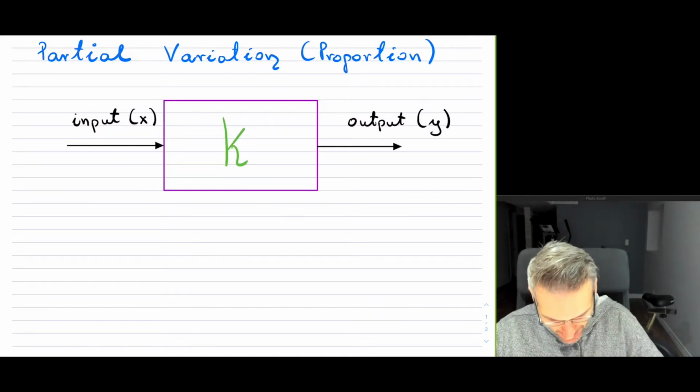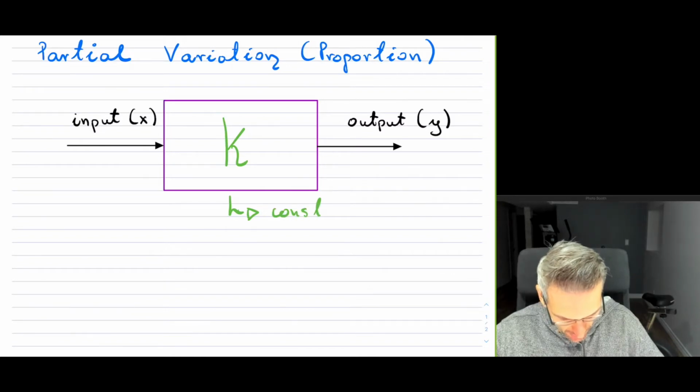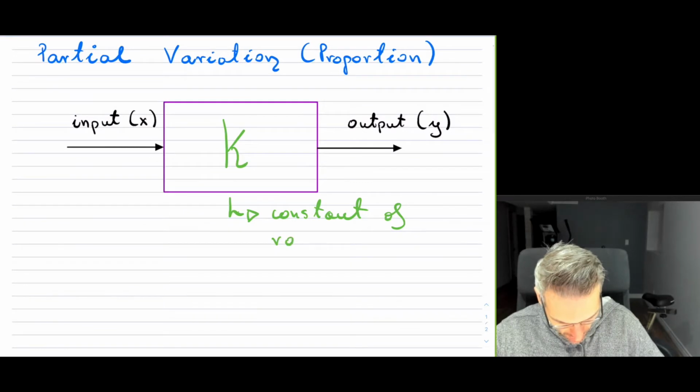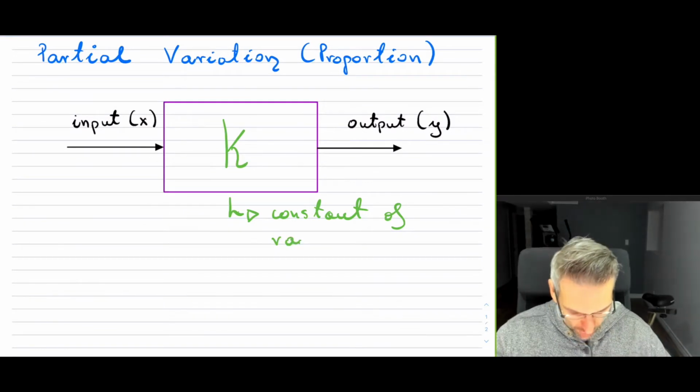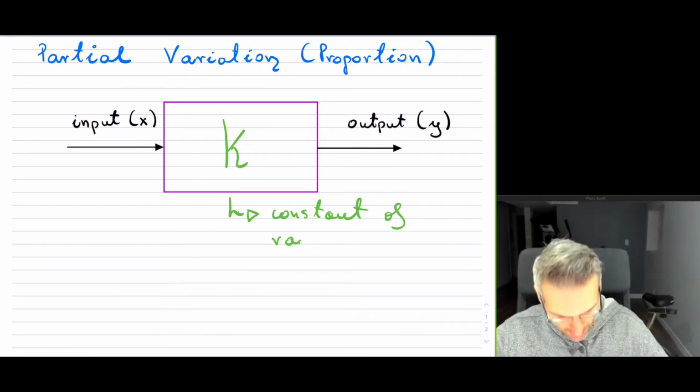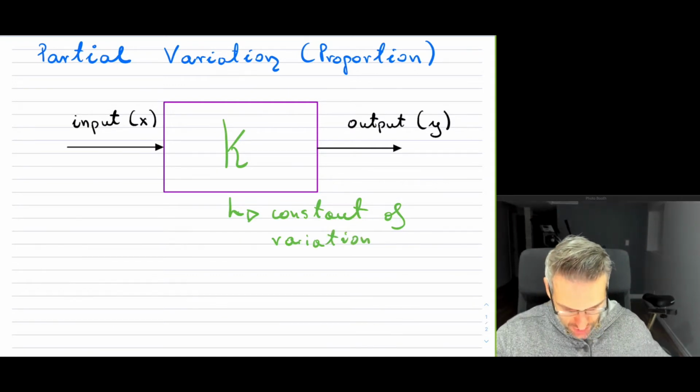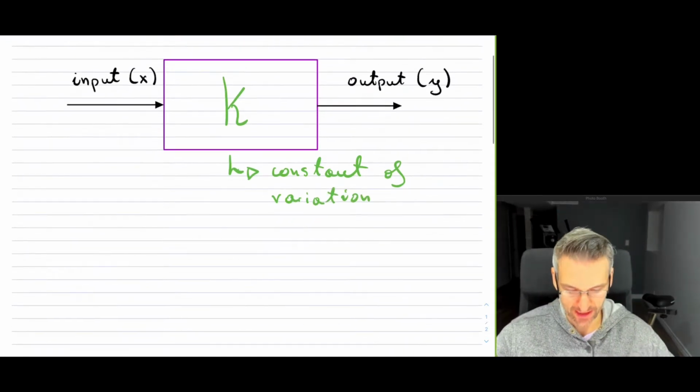This factor we called the constant of variation, or constant of proportionality. You can certainly use proportionality if you like.